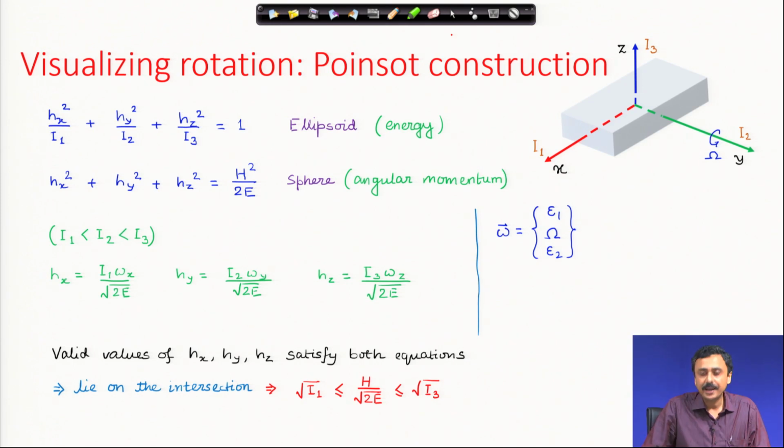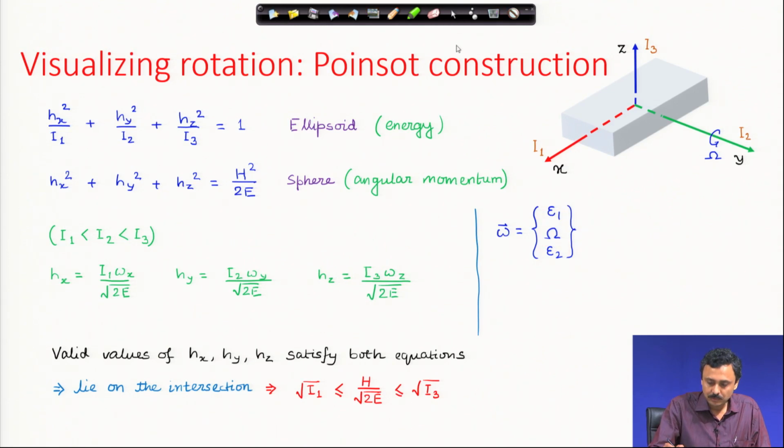Let us move to the next case, where I have given the dominant spin in the intermediate axis. There are some perturbations of rotation in the other two axis directions.